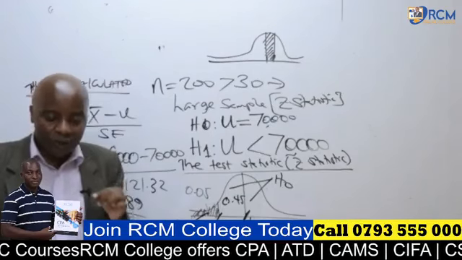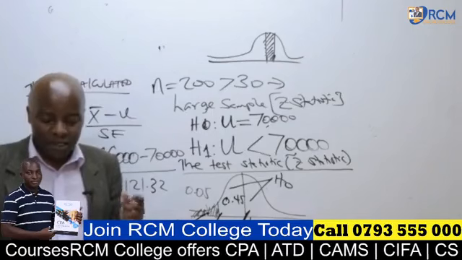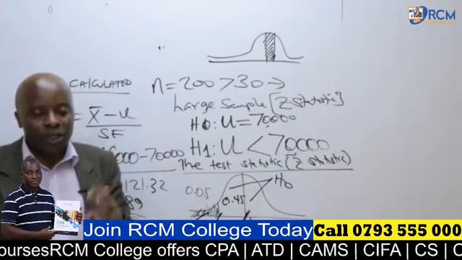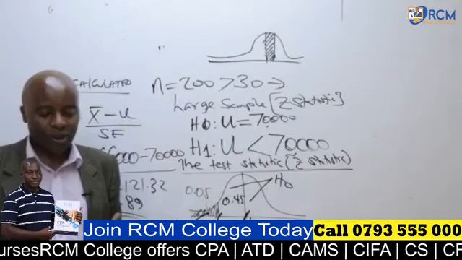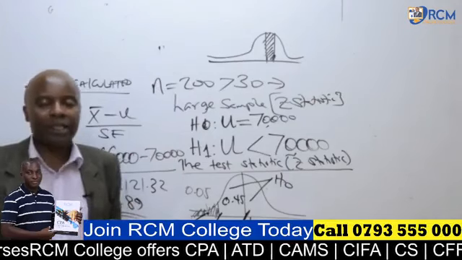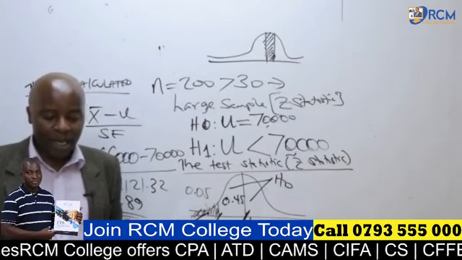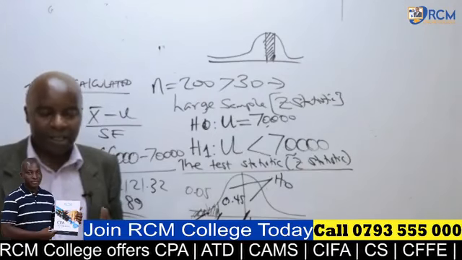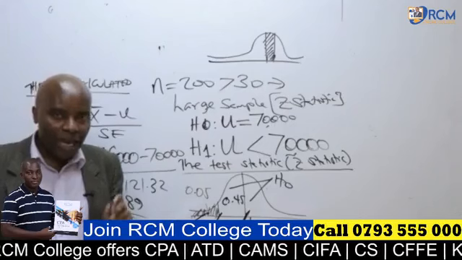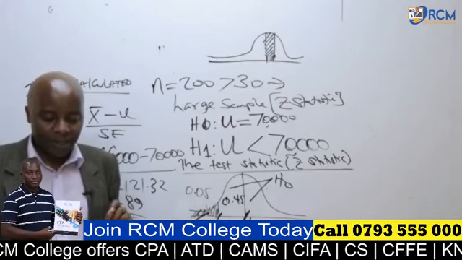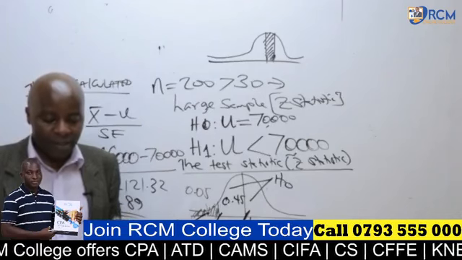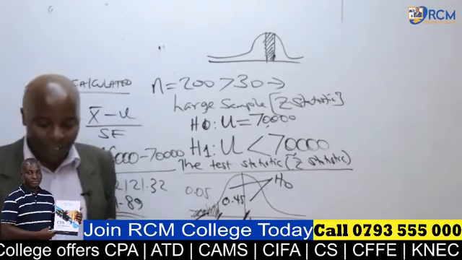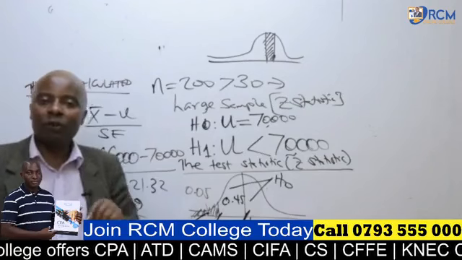Is it reasonable to assume that the population has a mean of 30, given that the sample chosen has a mean of 31?